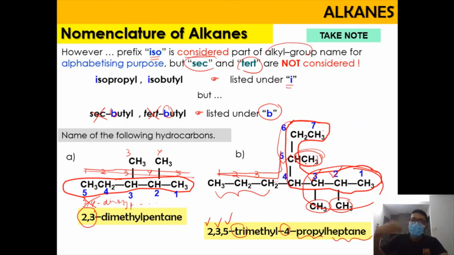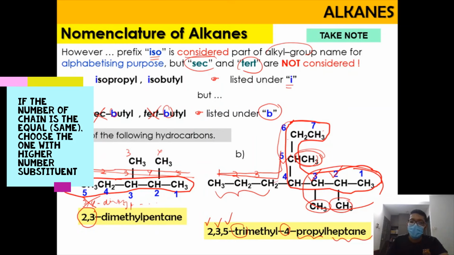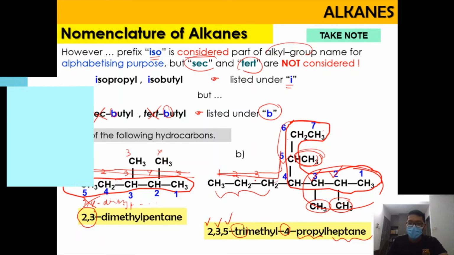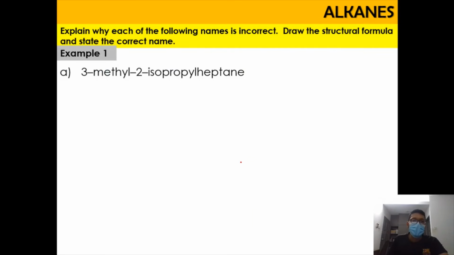However, in the earlier slide, as mentioned, when we have the same number of carbons, we have to choose the most number of substituents. So the blue numbering will have the most substituents, which is 1, 2, 3, 4. Alright.